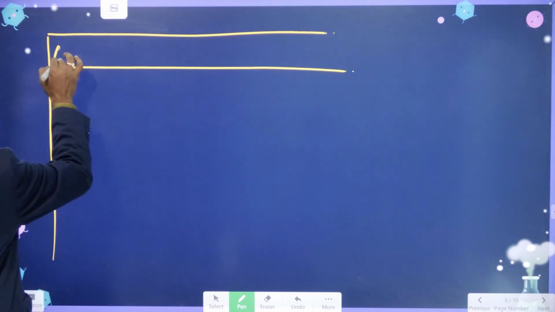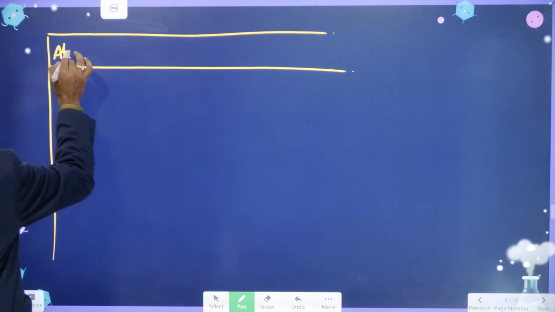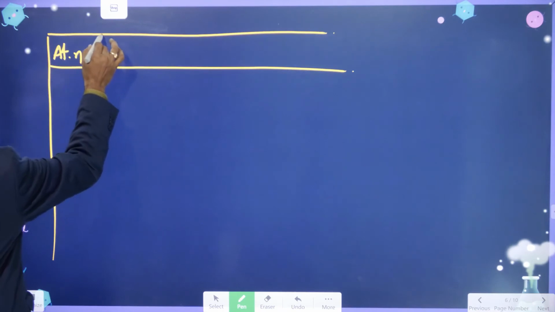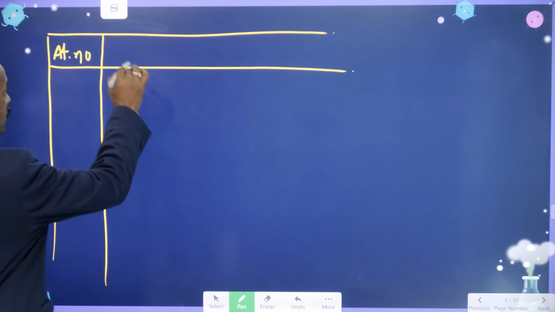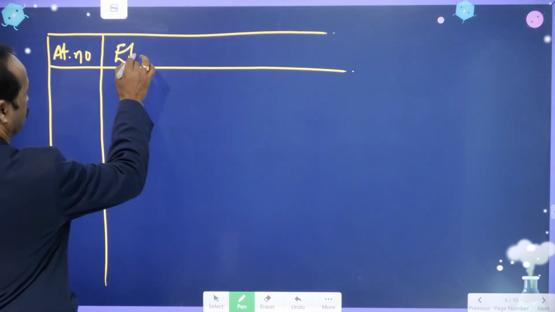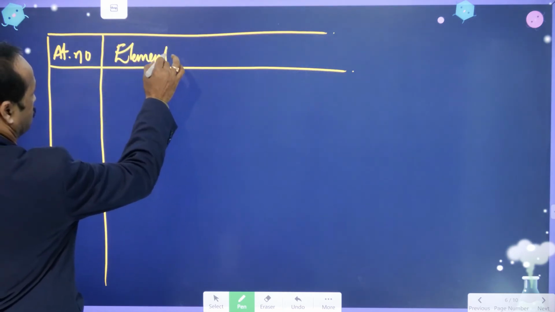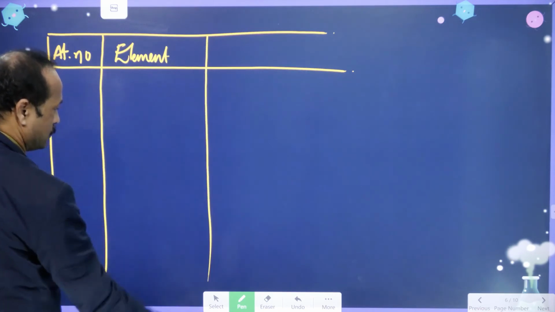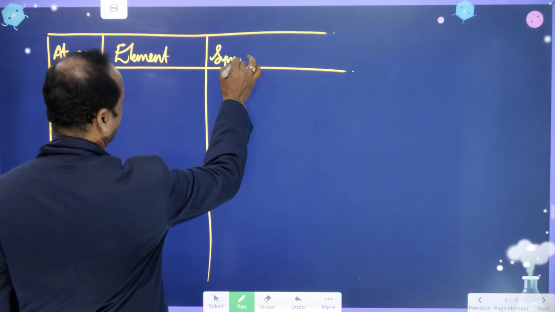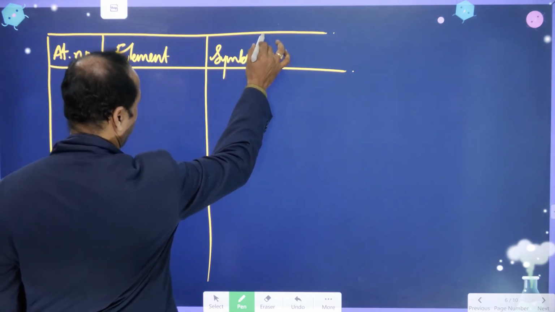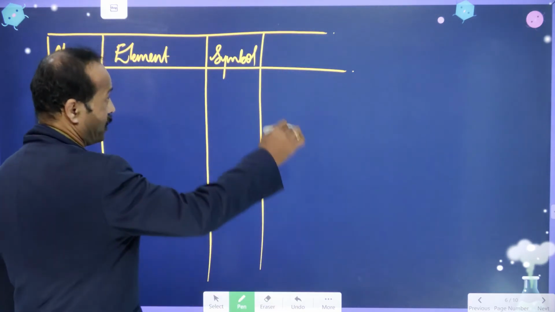Here you write atomic number. I am writing just ATNO, which means atomic number. Then you write element. Then you write symbol. Then you write valency.